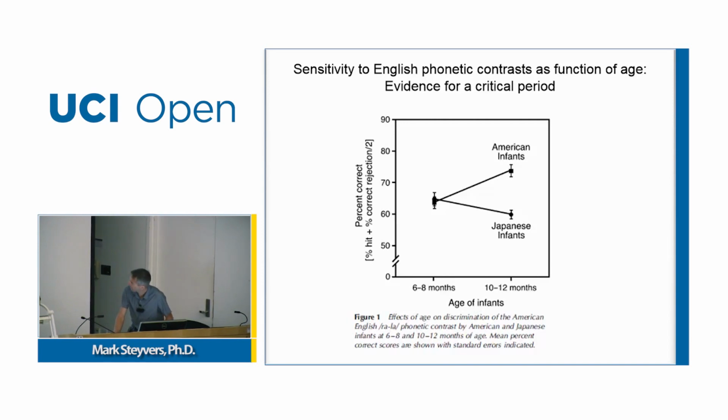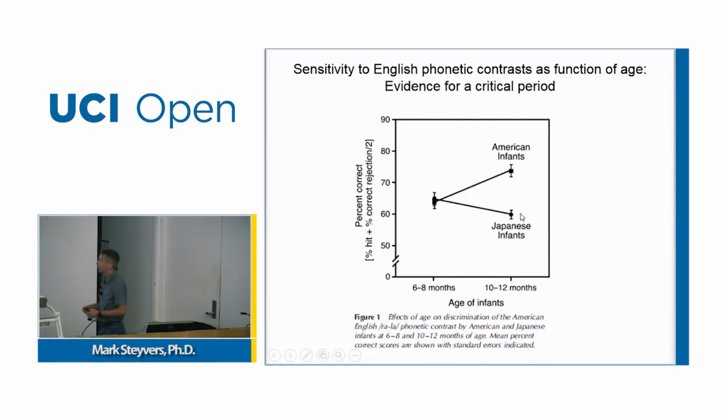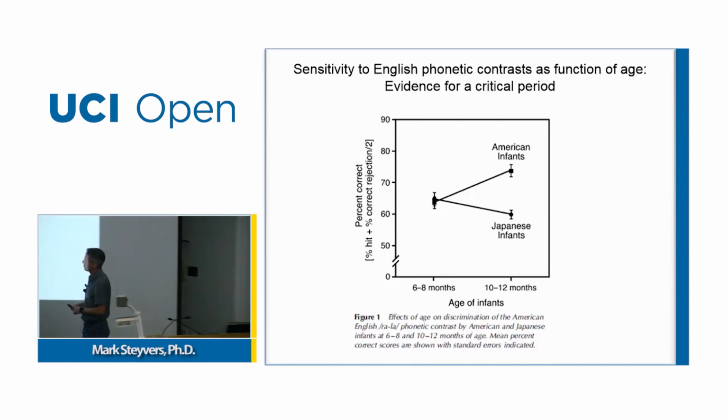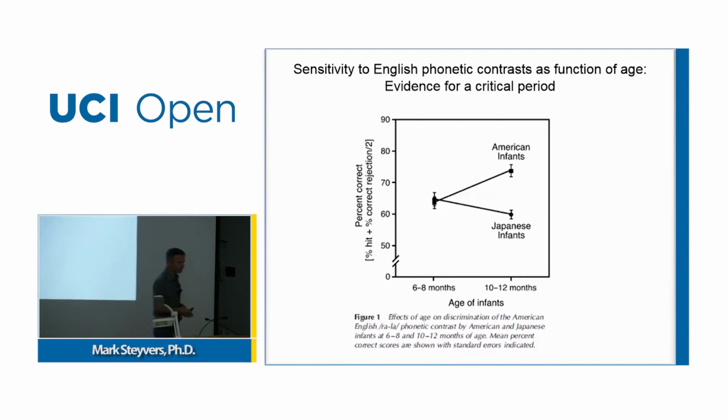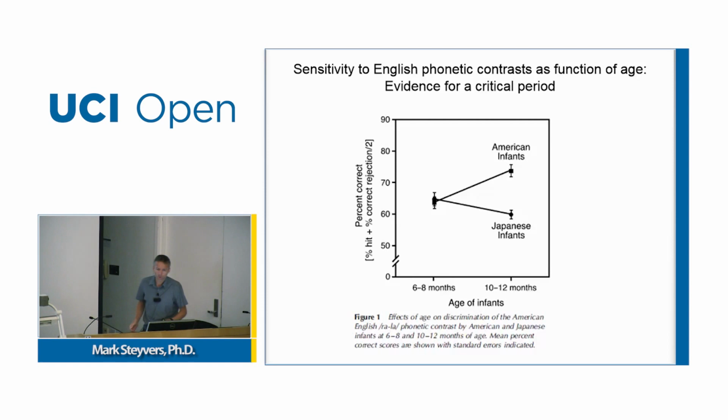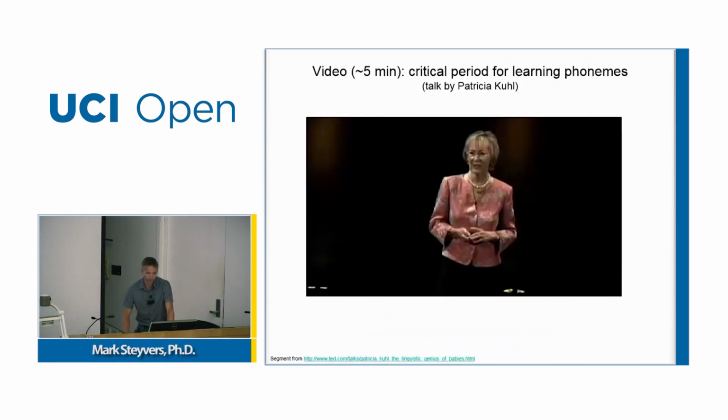But something happens between 8 and 10 months of age. Patricia Kuhl calls that the critical period or a sensitive period, during which exposure to these phonetic contrasts, the American infants are becoming better at discriminating these, but Japanese infants, they start to lose the ability to discriminate between ra versus la. So there's evidence for sensitive or critical periods in phonological learning.